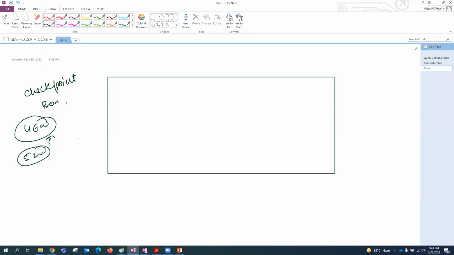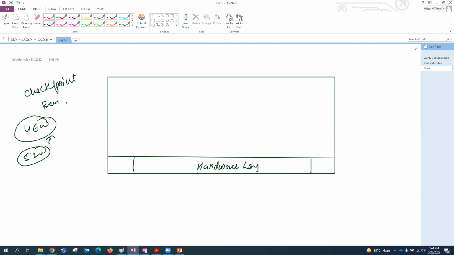So there will be the first layer, which will be the hardware layer on this particular checkpoint. And what sort of things will we have on the hardware layer? Your NIC cards, your ports will be here.